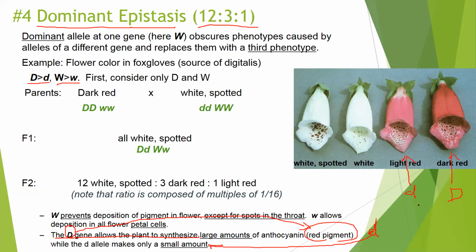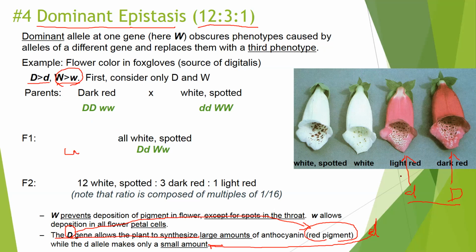However, this D gene can only function if the W gene is recessive, which means only if the W gene is lowercase.